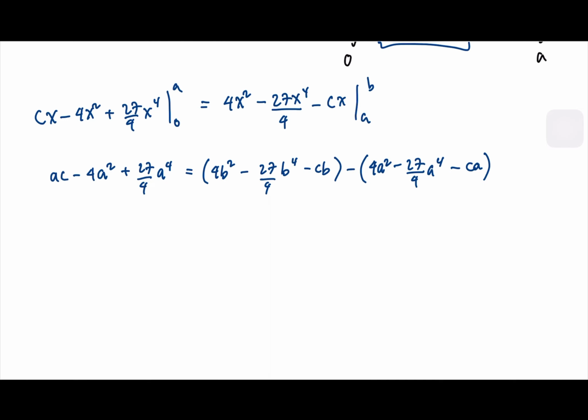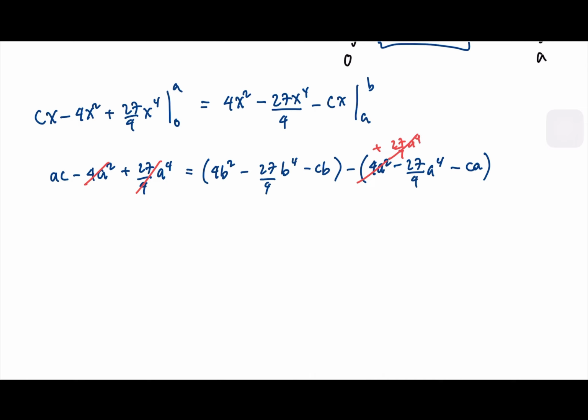Okay, let's try to solve this. This minus 4a squared is cancelled. And plus 27 over 4 also cancelled.